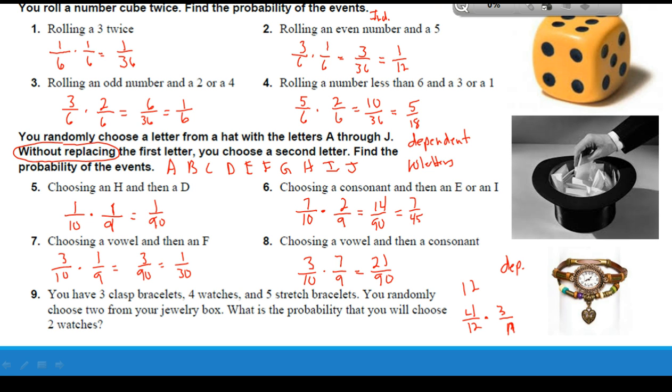So this would be 4 times 3, which is 12, and 12 times 11, which is 132. So that's 12 out of 132, and when I reduce that, I get 1 out of 11. So the probability of drawing 2 watches out of my jewelry box would be 1 out of 11.